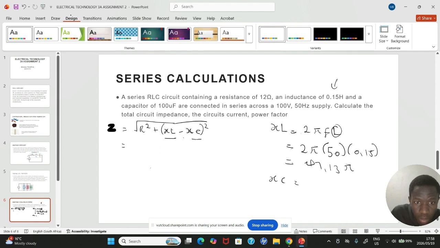Next we calculate our capacitive reactance, which is 1 divided by 2 pi times frequency times capacitance. So you see 1 divided by 2 pi into 50 times the capacitance of 100, which is going to give us 1 divided by 2 into 50.